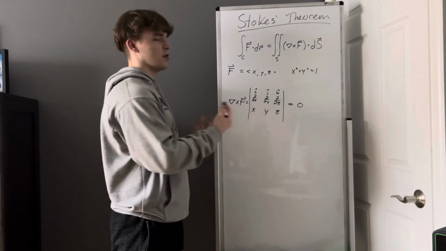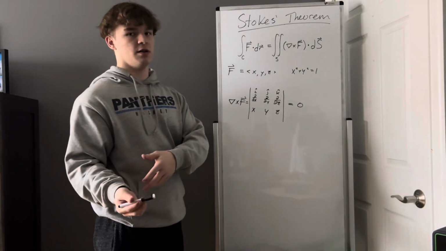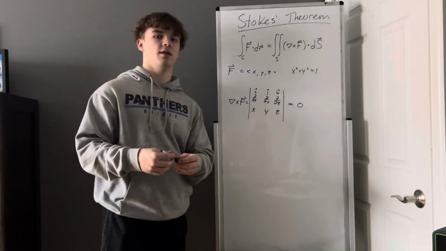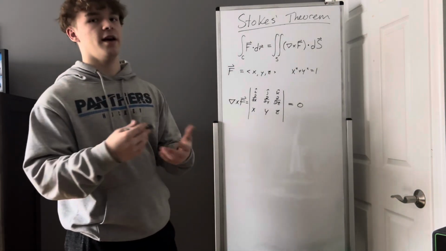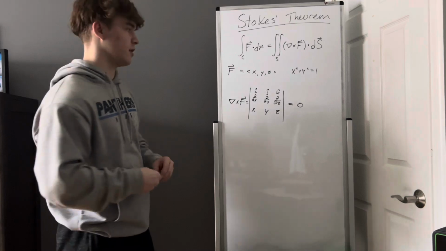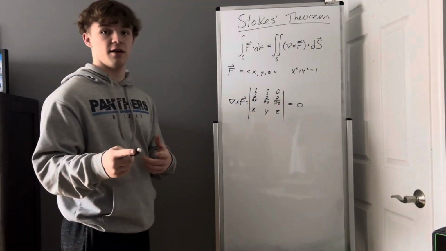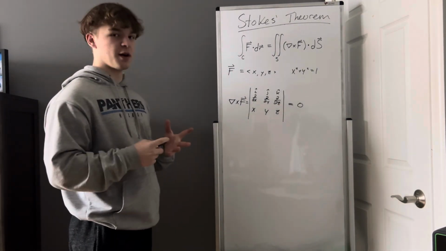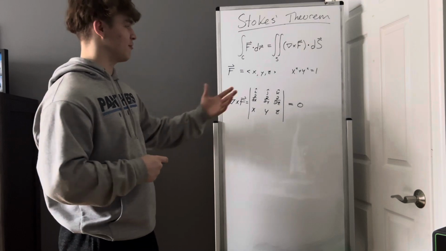So we have 0 minus 0, 0 minus 0, and 0 minus 0 in the i hat, j hat, and k hat directions respectively. We're always respectful to our variables, but respectively.